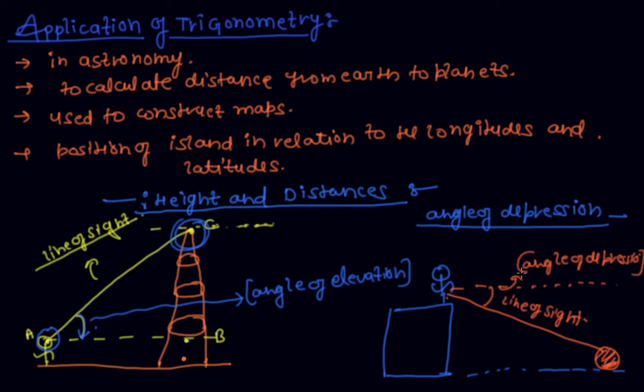Now I hope you can identify the difference between angle of elevation and angle of depression, and are also familiar with the terminology of height and distance. Now I will solve some problems in the next video.